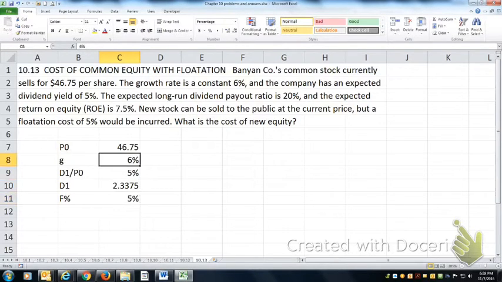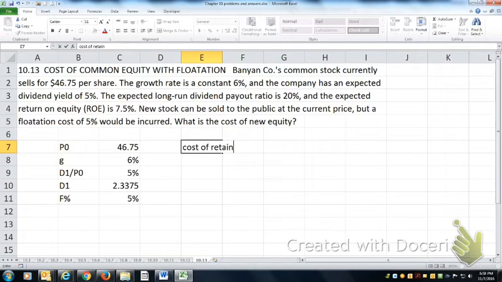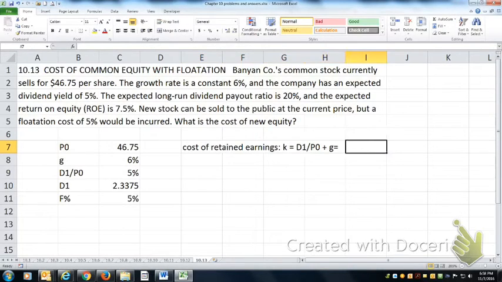All right, so what's the cost of new equity? Well, the cost of retained earnings is K equals D1 over P0 plus g, and the cost of retained earnings would be the 5% there and the 6% there, but that isn't the question that it's asking us.